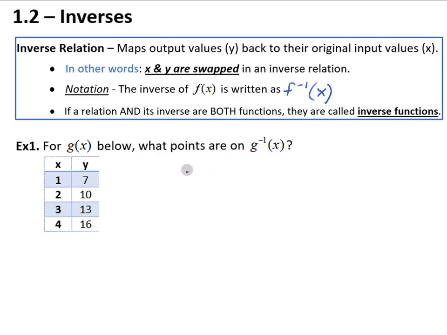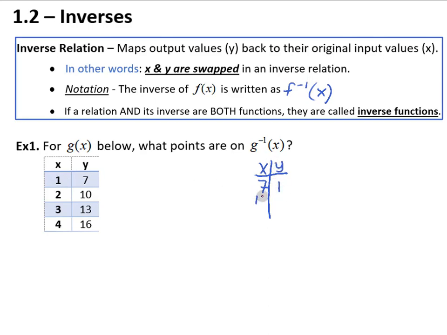Well, remember, in our inverse function, we're going to have a table where I want to plug in these values that we originally got out. So I want to plug in 7, and I want to get back 1 for y.